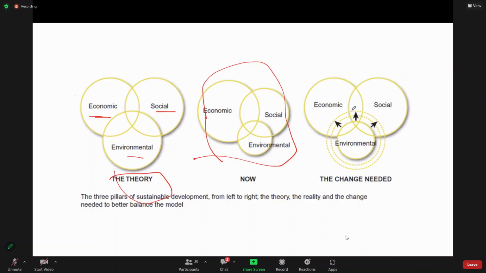So the change that we need is to expand these two circles, the environmental and social circles, to have the same level of priority as economic aspects. When you are evaluating a project, you look at all three aspects equally.